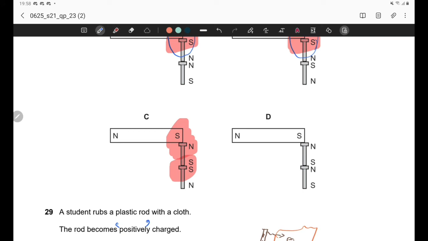That is not possible. Here it must be repelling. So option C is also wrong.